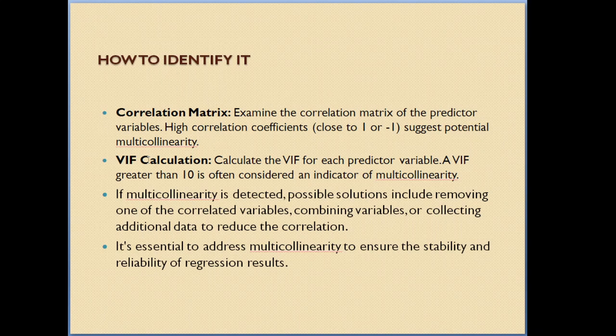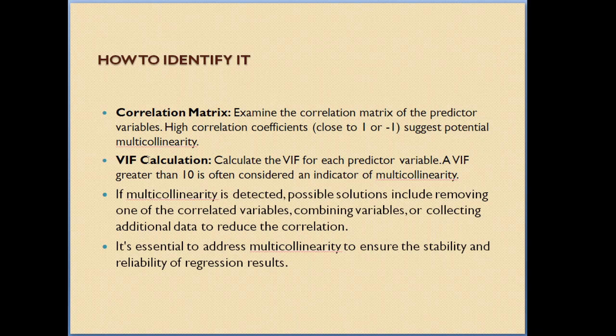So, in the correlation matrix, we examine the predictor variables, and if they have a value of 1 or -1, there could be potential multicollinearity.